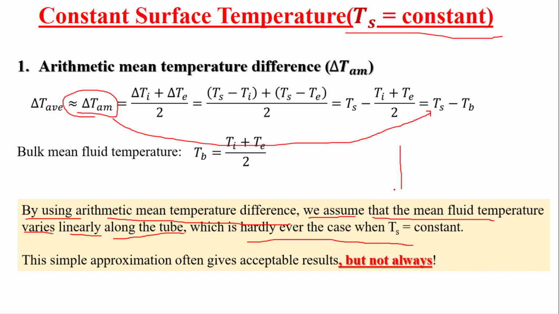So if I wish to draw the length of the pipe on the x-axis, which varies from x to L, and on the y-axis the temperature, here in this scenario Ts is constant, unlike when Q is constant, where we said it would be variable and then linear.